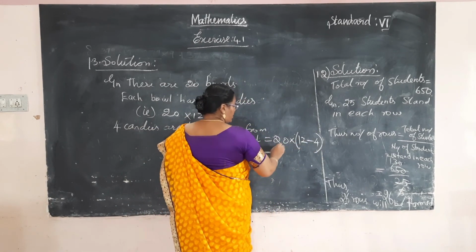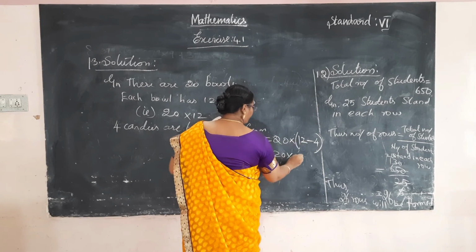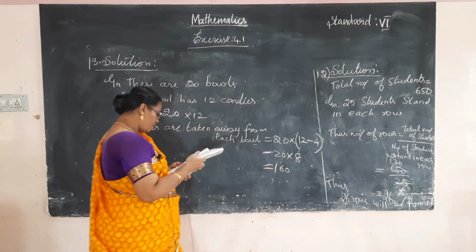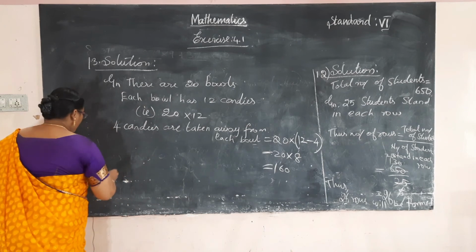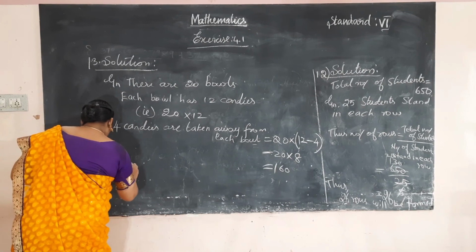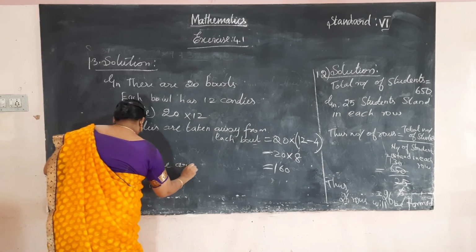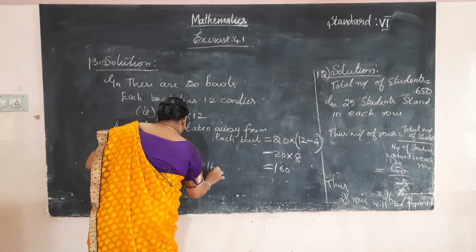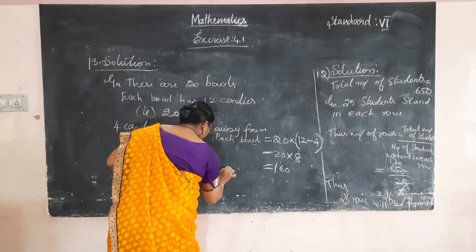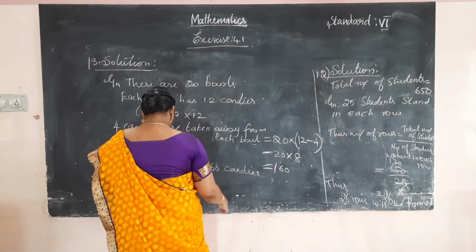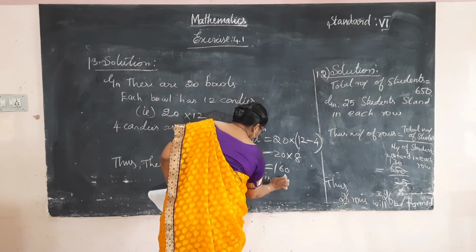Okay. So 20 into 8, so 160. So how many candies remain? Thus there are 160 candies in the bowl.